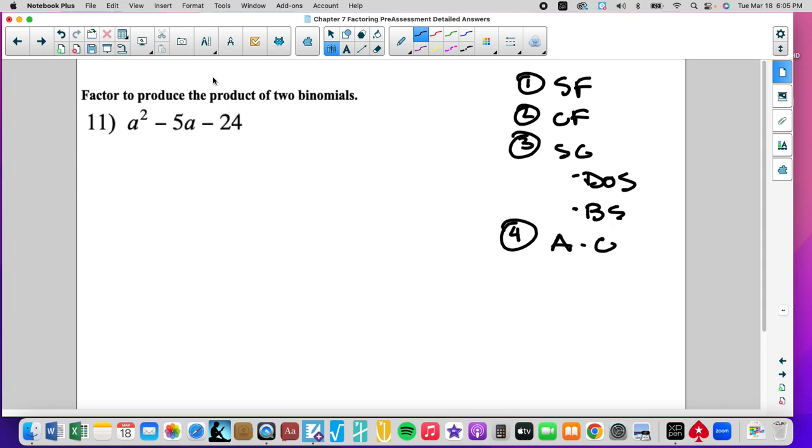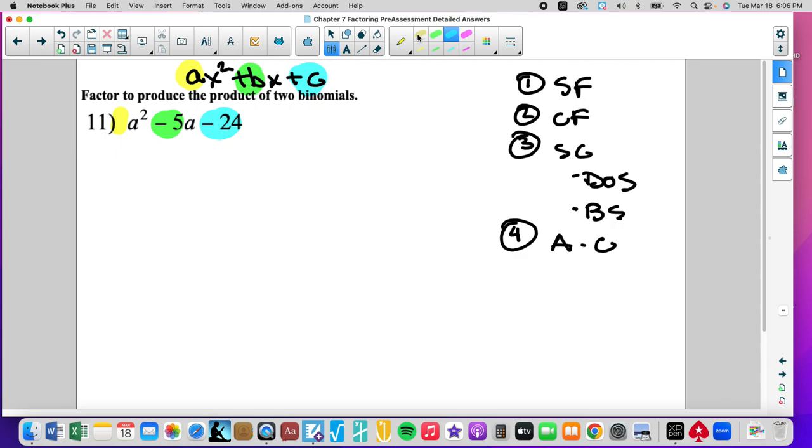Now, A times C comes from this template, Ax squared plus Bx plus C, where A is the coefficient of x squared. So A is going to be 1 here. B is going to be the coefficient of my first-degree term, and C is going to be my constant.